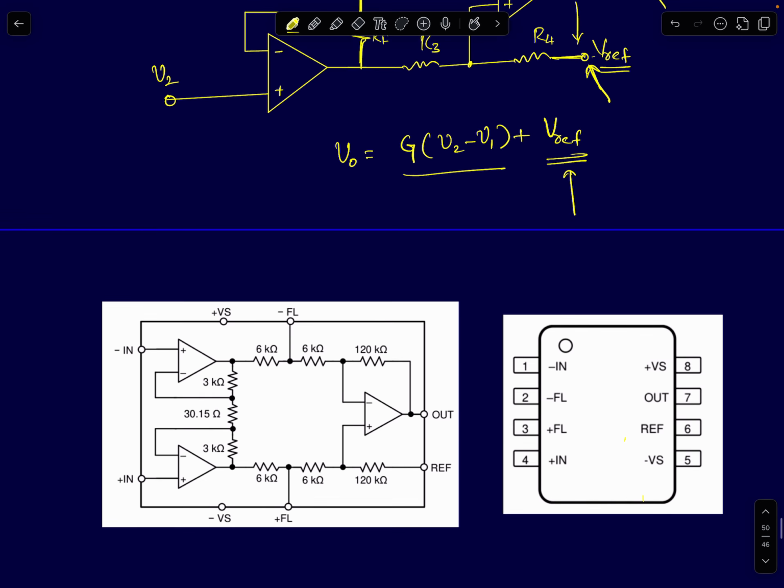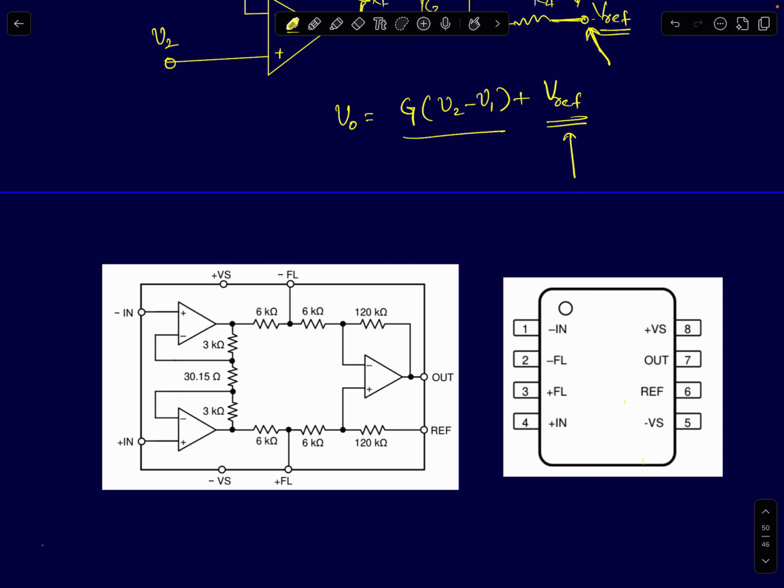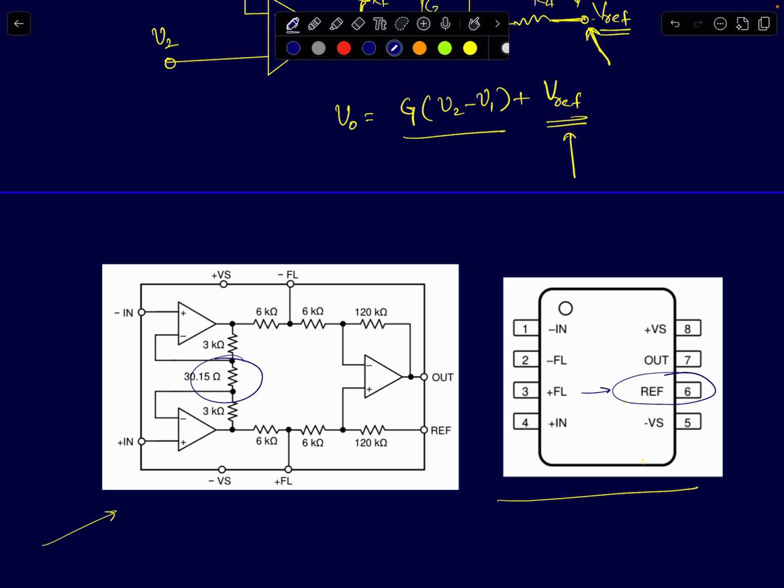I have taken this from a TI instrumentation amplifier. This is an 8-pin chip, and you can see it has a reference pin. Pin number 6 is the reference pin. Notice that this resistance RG is not programmable, it is fixed.